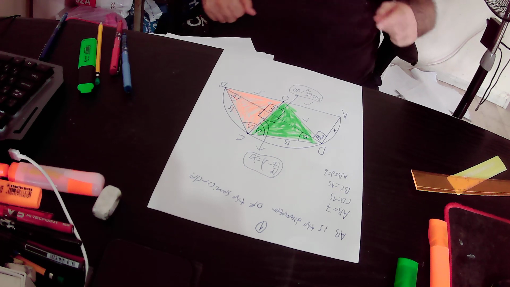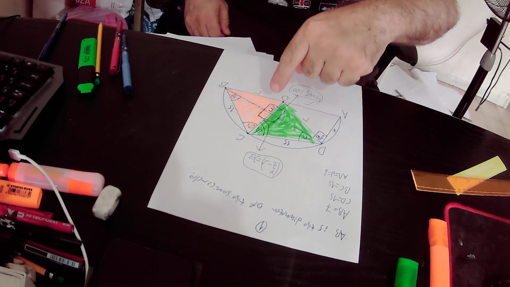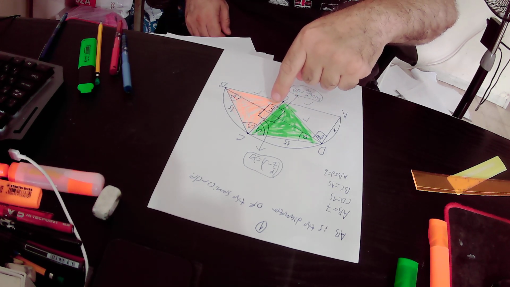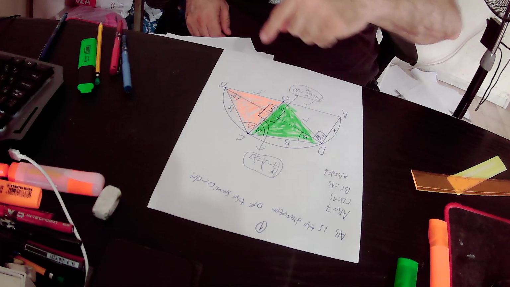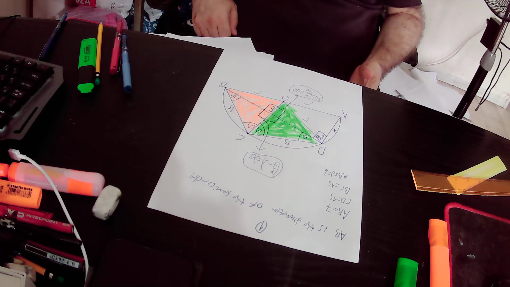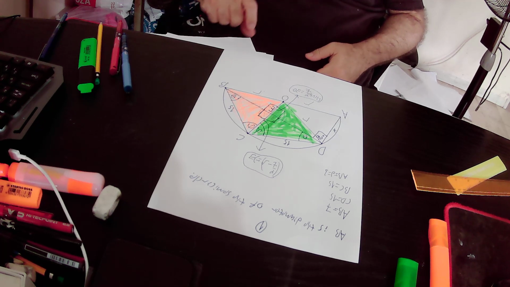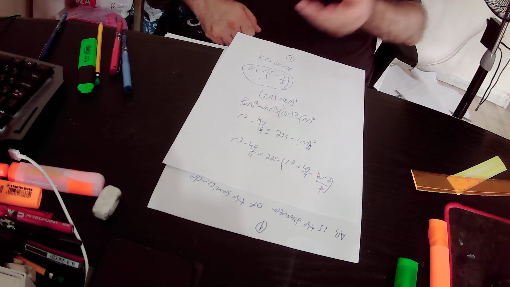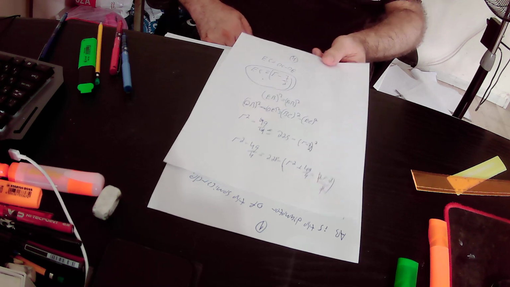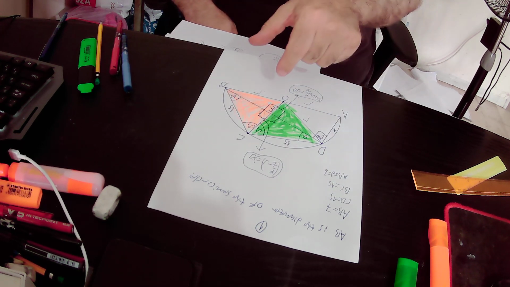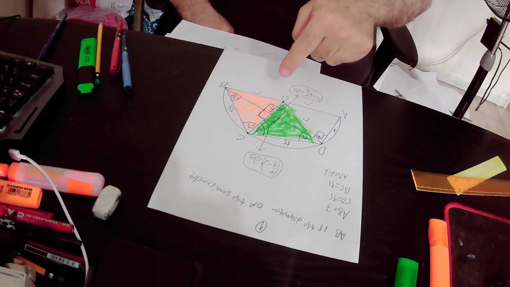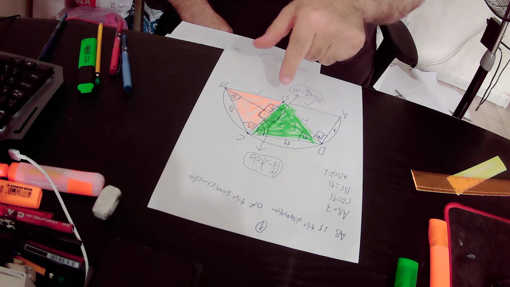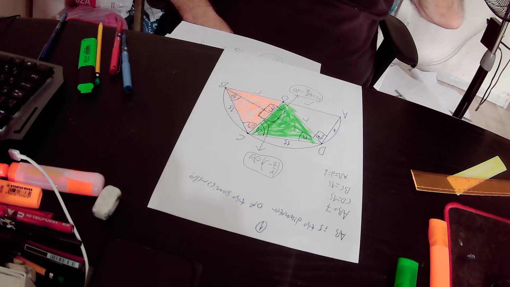Triangle CEB is a right triangle because this angle is a right angle, and triangle OEB is a right triangle because this angle is a right angle. We implement the Pythagorean theorem on those two right triangles according to the statement that EB square equals EB square. You should remember that EB belongs to both triangles: the right triangle EOB and the right triangle EBC.